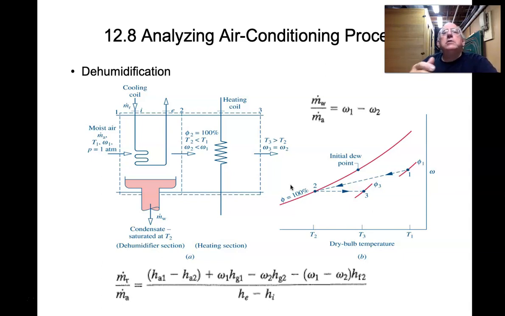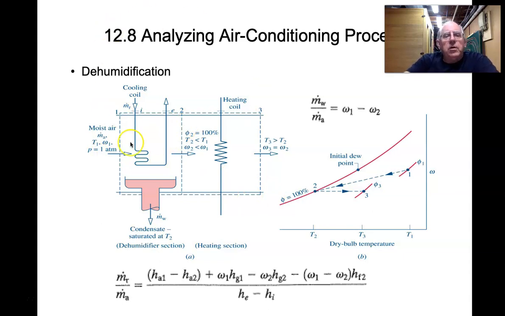If it's summertime, you may want to decrease the dry bulb temperature. But in both scenarios, you might also want to add or subtract moisture, because moisture in the air sometimes gives rise to a more comfortable condition, or lack of moisture.